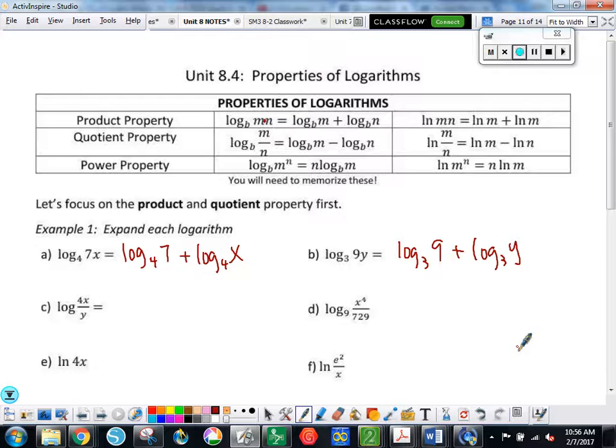Now, do you notice anything that could be simplified in here? The log base 3 of 9. We can rewrite this as what? 3 squared. Is that okay? So what's going to cancel? The log base 3 and the 3 will go away. And our final answer for this one would be 2 plus log base 3 of y. So that might be a reason why you would want to be able to expand them, because you have some simplifying that could happen.